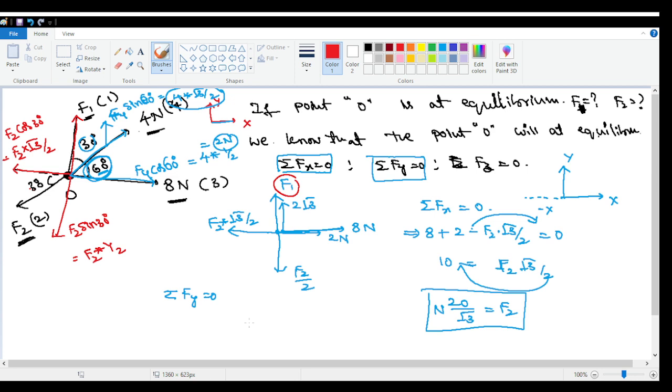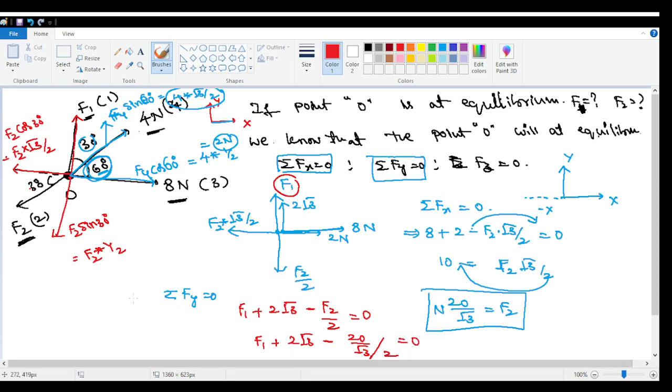F1 plus 2 root 3 minus, negative direction is going, F2 by 2, that is equal to 0. But F2 value we already know, so I am substituting that: F1 plus 2 root 3 minus 20 divided by root 3 divided by 2, that is equal to 0.